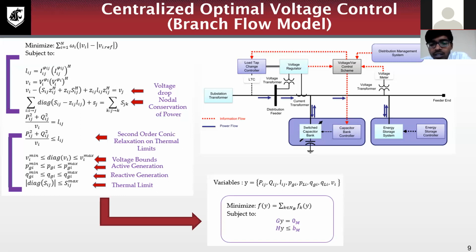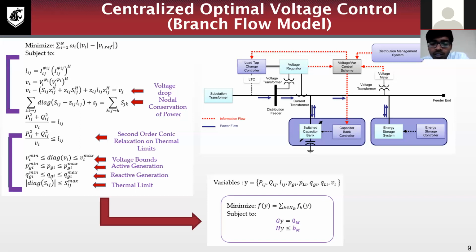and then we are minimizing f(y). It can be minimizing generation cost, it can be minimizing power system losses, or it can be minimizing voltage deviation, as I have shown here. So f(y) is basically the objective that you want to minimize, subject to g(y) equal to 0. G represents the matrix, g(y) equal to 0 is the equation which shows all the power flow equations that we have.